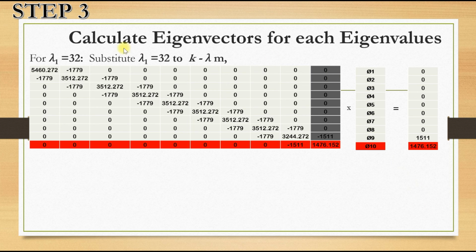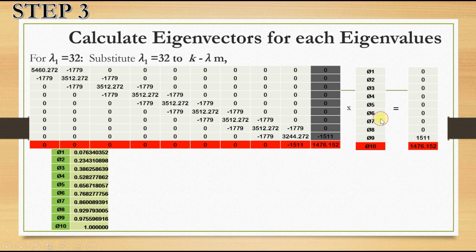So, pag i-multiply natin ito, makukuha natin yung eigenvector for each mode. Dito sa mode 1, magkakaroon tayo ng value na eigenvector for mode 1 which is 0.07634032.